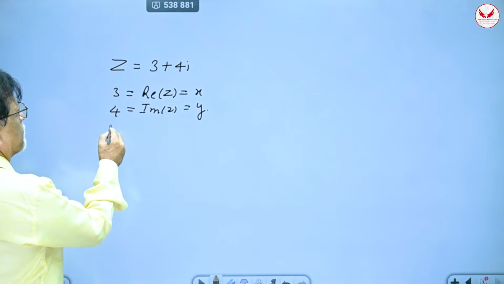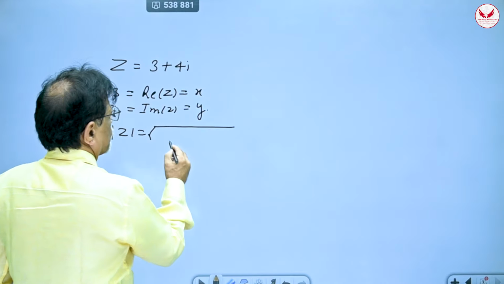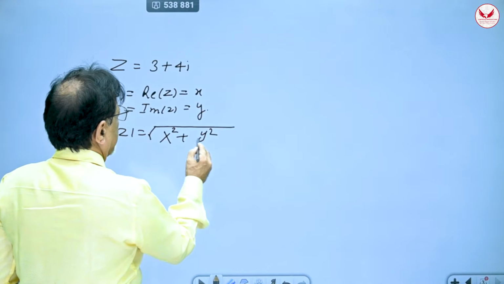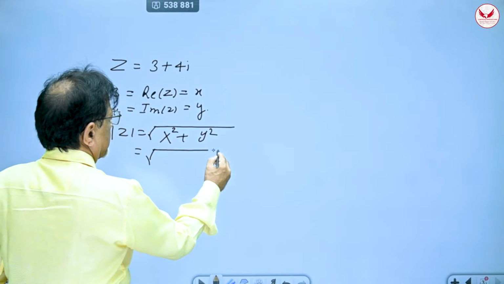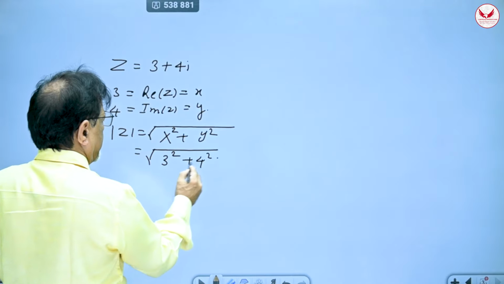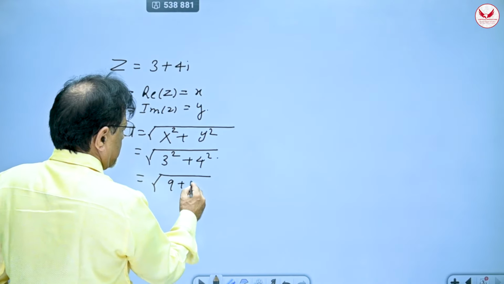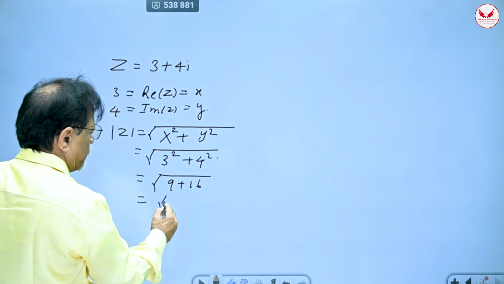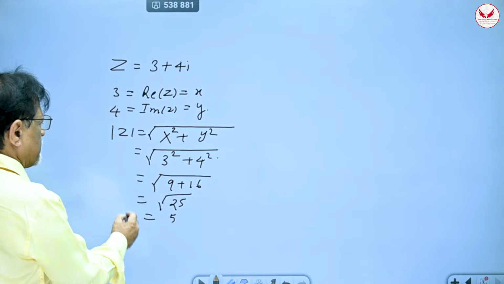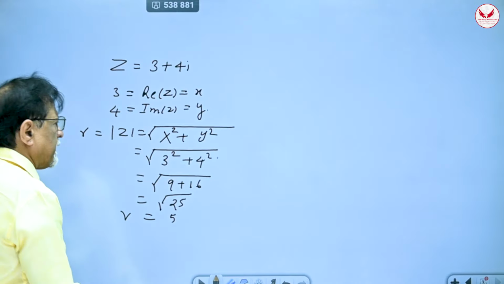So now what is mod z? Mod z according to our formula is square root of x square plus y square. Now we know x is 3, so it is 3 square, and y square is 4 square. Therefore this is 9 plus 16, which is equal to square root of 25, and the answer is 5. That means r, which is also equal to mod z, is given by 5.